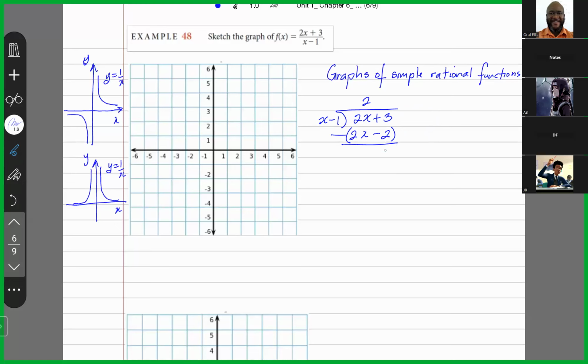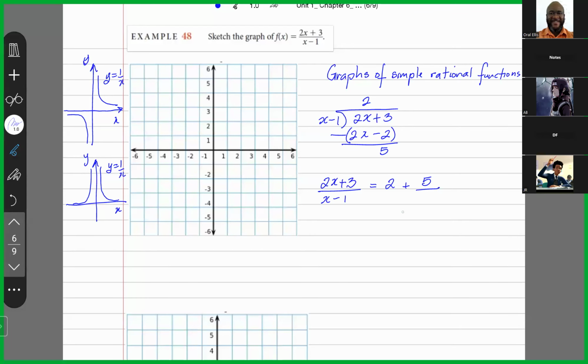So in other words, 2x plus 3 over x minus 1 is actually equal to 2 plus 5 over x minus 1. So 2x plus 3 over x minus 1 is the same as saying 2 and 5 over x minus 1.